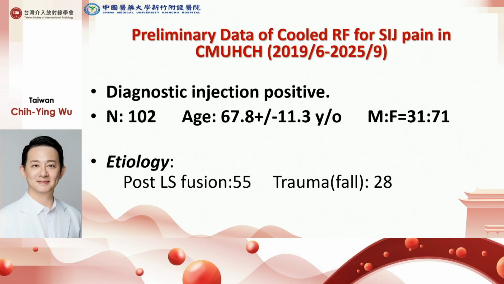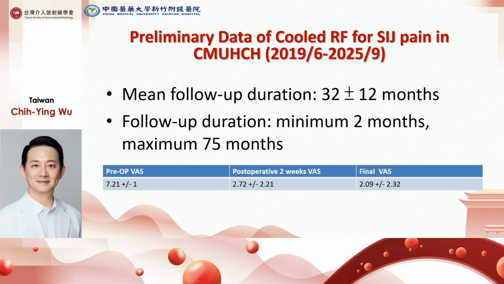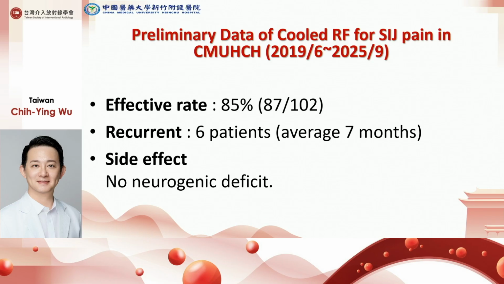After a positive diagnostic injection, I selected about 100 patients, female dominant. The most common causes are post-lumbosacral fusion and trauma. Mean follow-up is more than 2 years, and the pain score improved by 5 points. The effective rate is about 85%. There were 6 patients who recurred at around 7 months, but there was no neurogenic deficit.